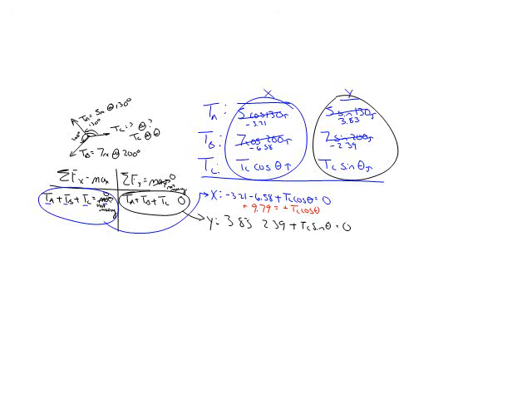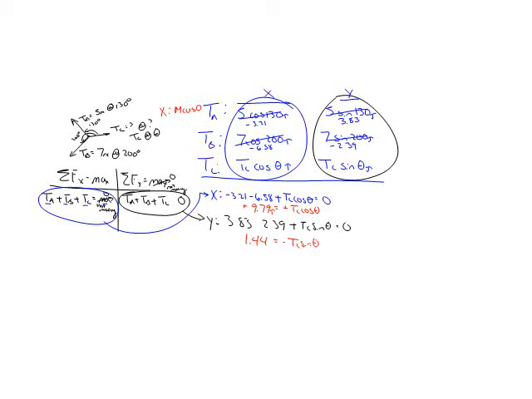So you see how this is T cosine theta? Remember your X is M cosine theta? So basically what this is saying is that this is the X component. This is I hat. And then if you simplify this, 3.83 minus 2.39, 1.44 equals negative TC sine theta.